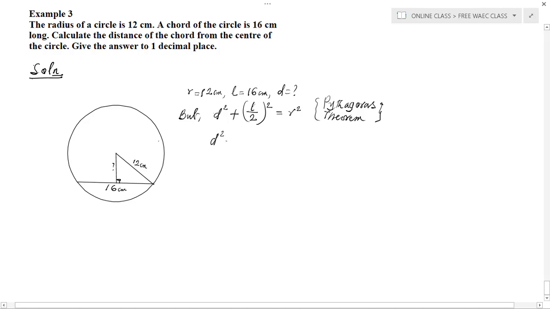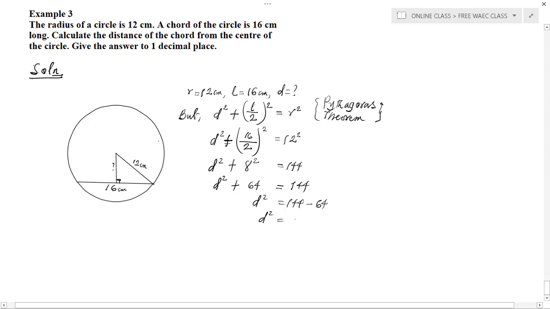So D squared plus (16 over 2) all squared equals 12 squared. We have D squared plus 8 squared equals 144. D squared plus 64 equals 144. D squared equals 144 minus 64.